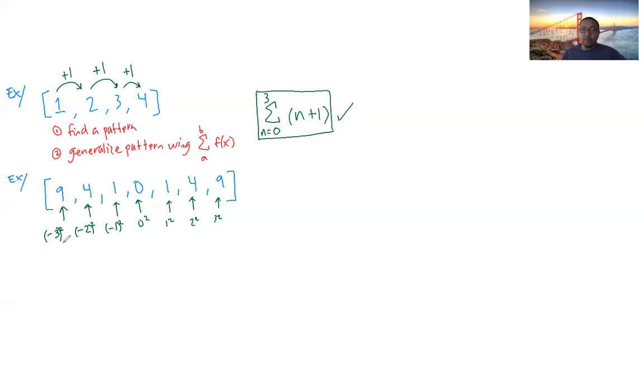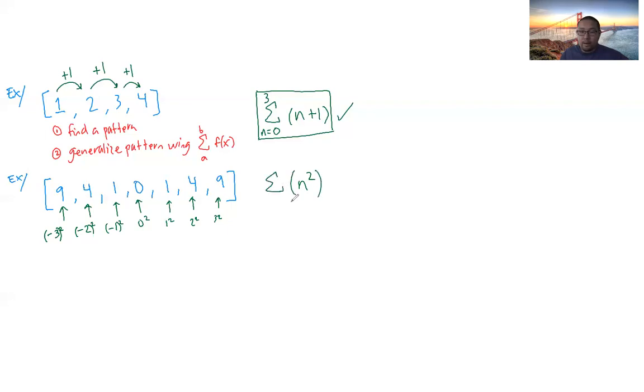Because as you go from -3 to -2 to -1, 0, 1, 2, 3, right? You're increasing this by 1, right? And all of these terms are being squared. And so in that case, you know that every number in this whole collection is being squared, right? That's the common relationship between them. So this is your function.